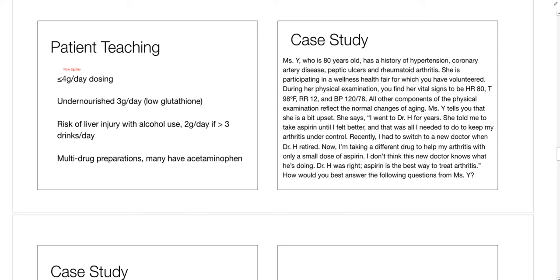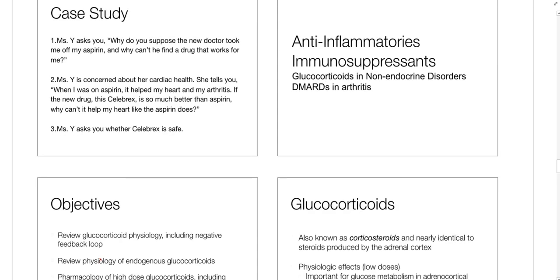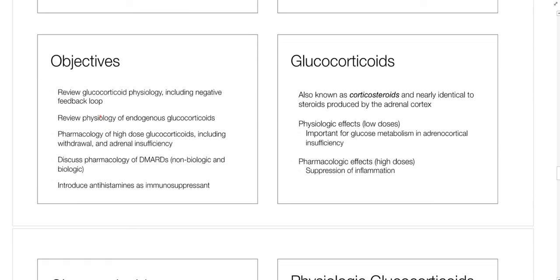We also want to teach patients about how lots of over-the-counter drugs and prescription mixed drugs have acetaminophen mixed in with it. So if you're taking multiple drugs, not realizing there's acetaminophen, suddenly you may be overdosed, and that's bad. So teach them how to read the back of those boxes.